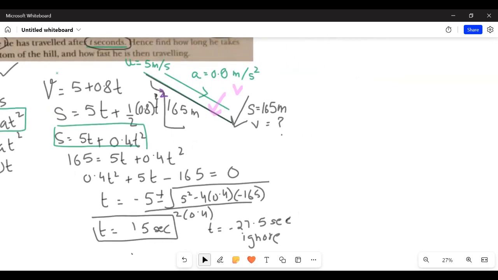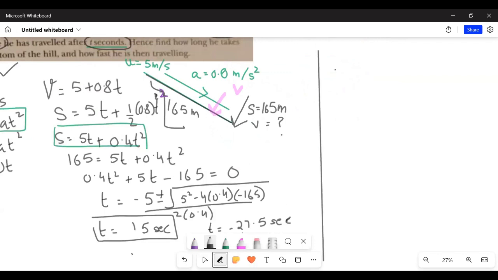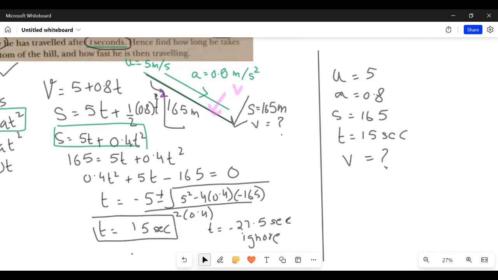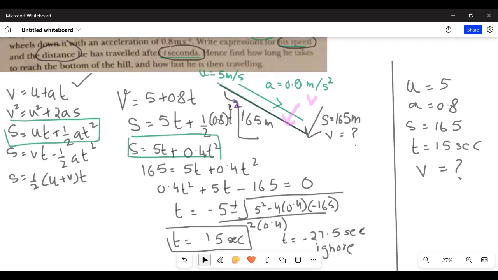We have u, which is 5, a is 0.8, s is 165, and the time we know is 15 seconds from top to the bottom. And we need v. There are a lot of formulas that can be used because now you have 4 parameters, so you have multiple options.